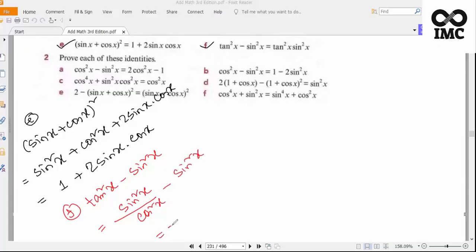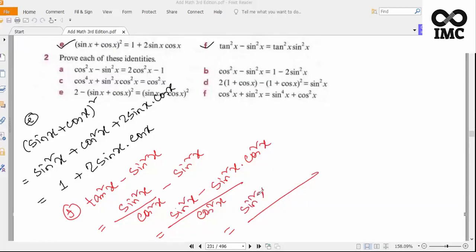So here cos square x will be the LCM. So the denominator will be cos square x and the numerator will be sin square x minus sin square x into cos square x. Then from the numerator we can take sin square x as a common factor. Then it will be sin square x into 1 minus cos square x divided by cos square x.